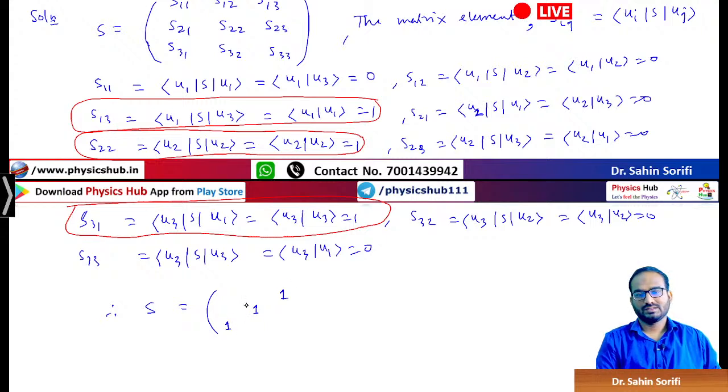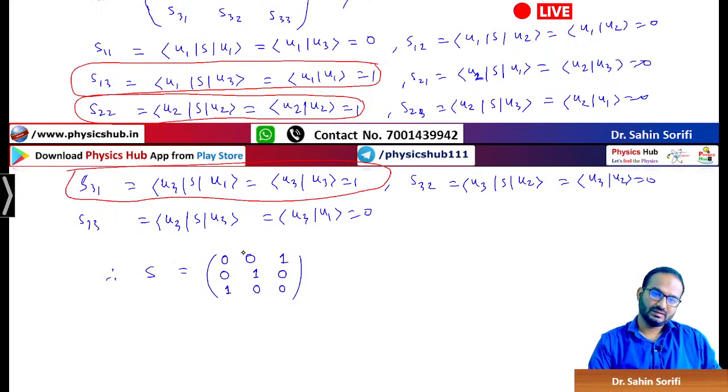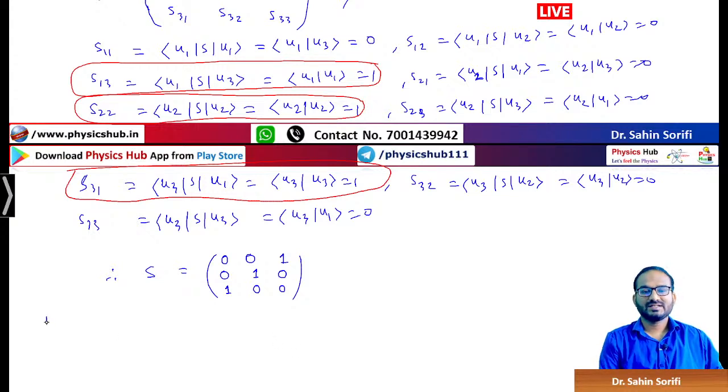So this is anti-diagonal. All other terms are 0. It is not the principal diagonal. You can say it is the other diagonal, not the principal diagonal. So the first part is done.